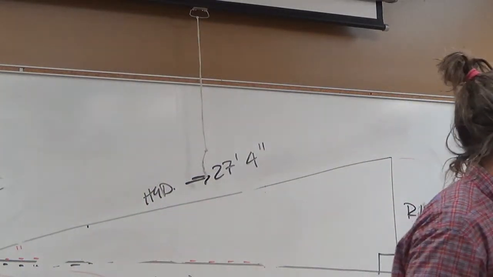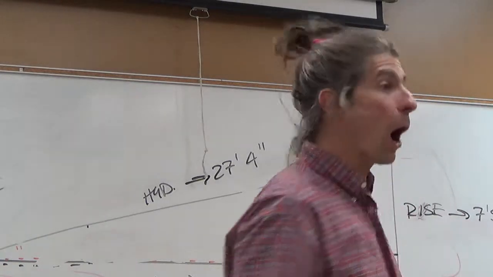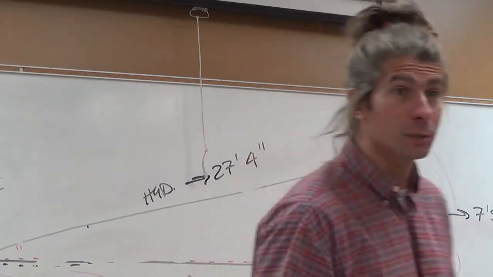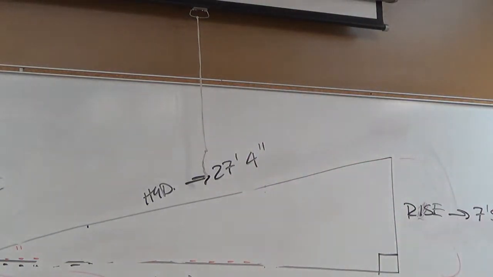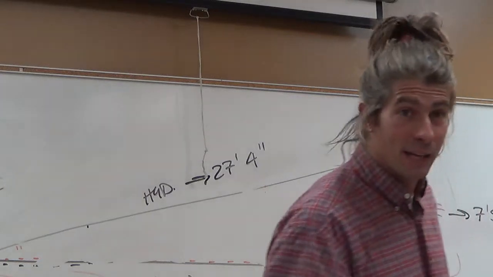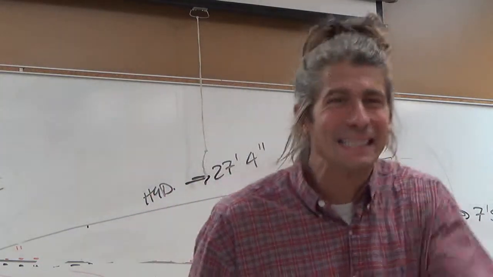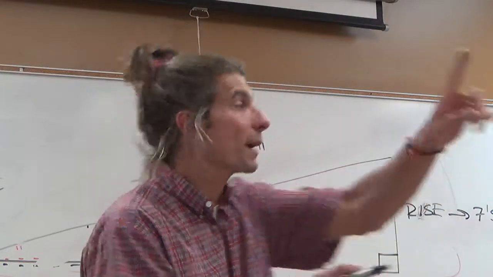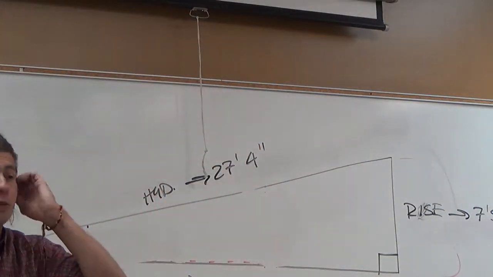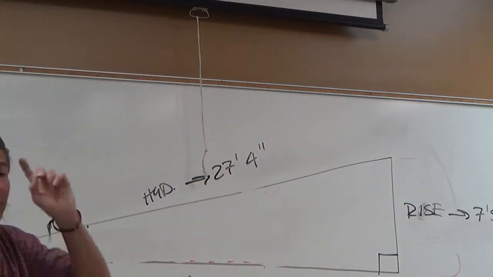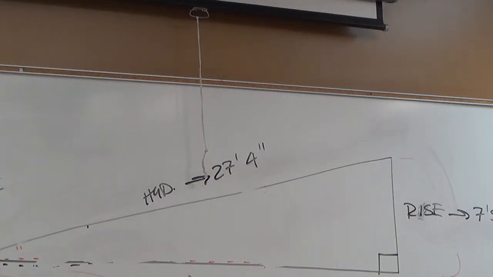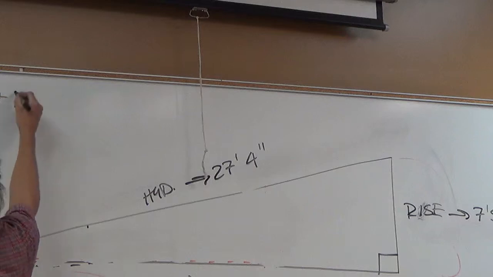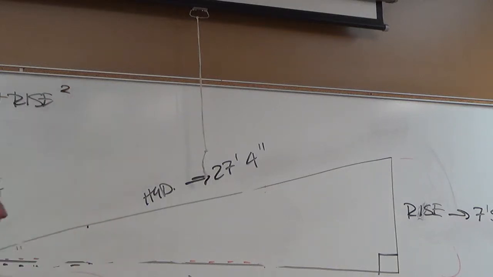Don't you dare say A, B, and C. It is A squared plus B squared equals C squared, but the reason I don't like that is because students forget what A, B, and C are. Pythagoras says that the hypotenuse squared is equal to the run squared plus the rise squared. That's what Pythagoras says, and I like it that way.